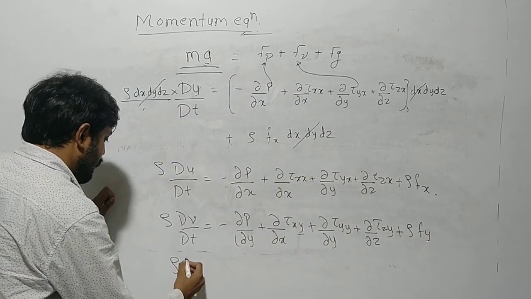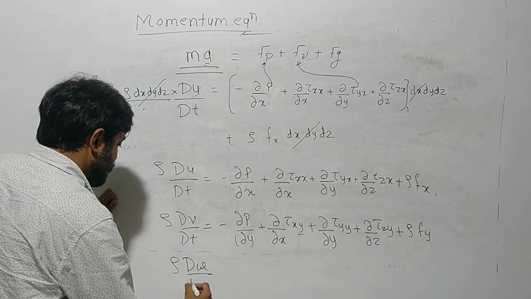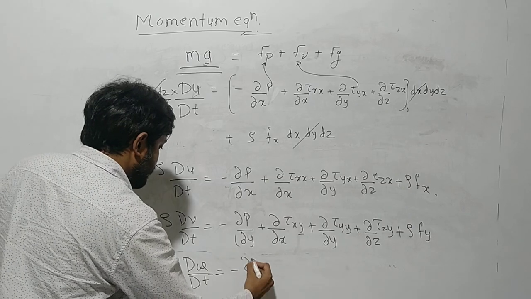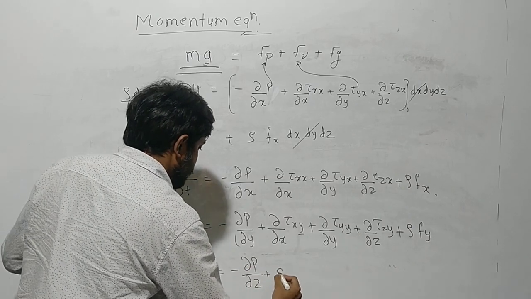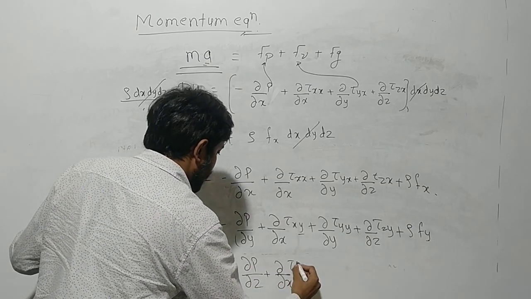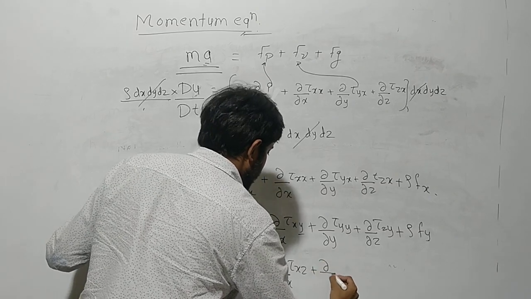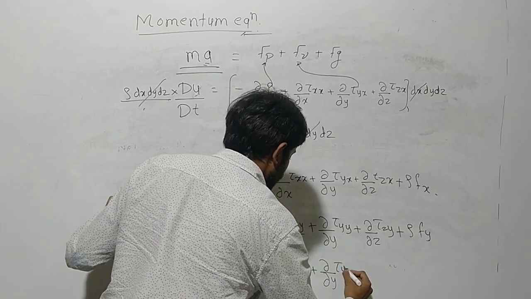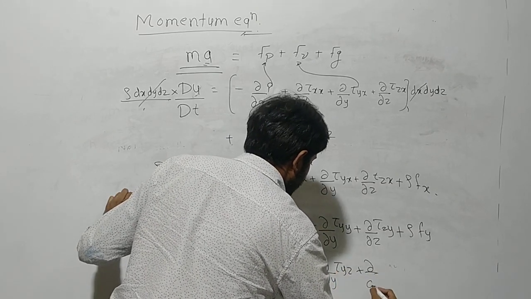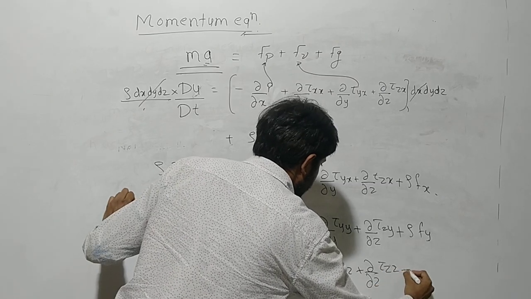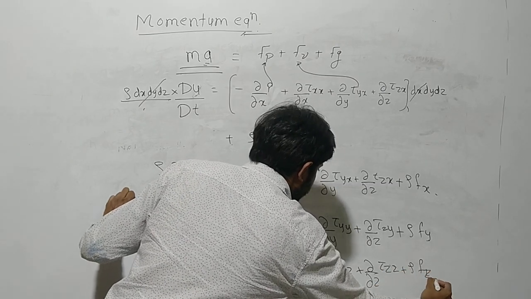Similarly for the z direction, this will be minus del p by del z plus del by del x of tau xz plus del by del y of tau yz plus del by del z of tau zz plus rho f of z.